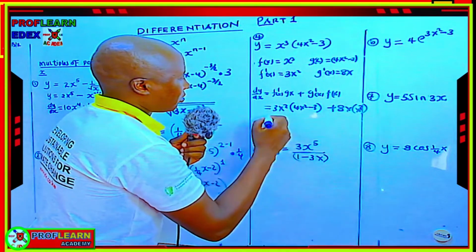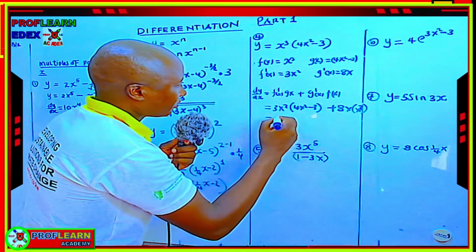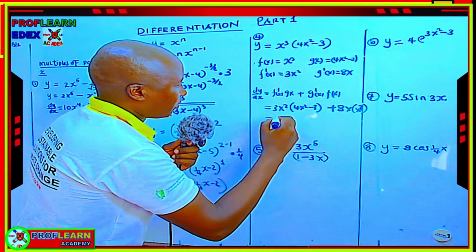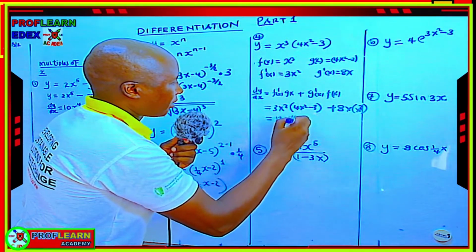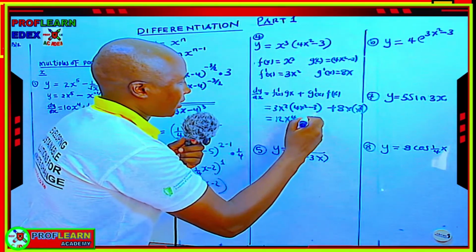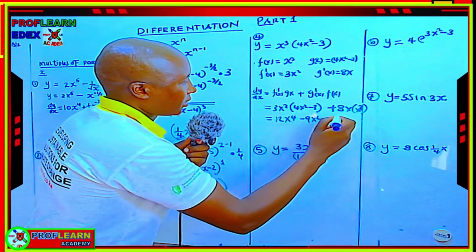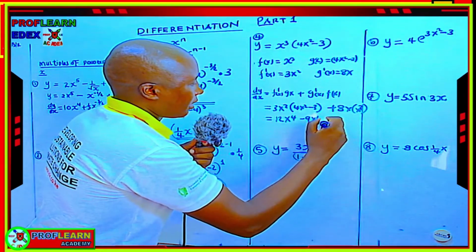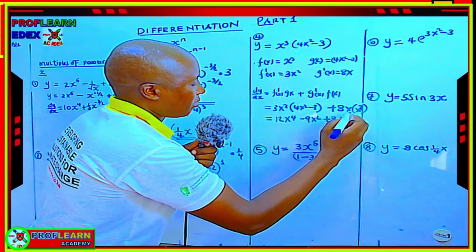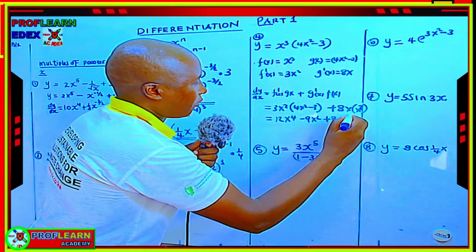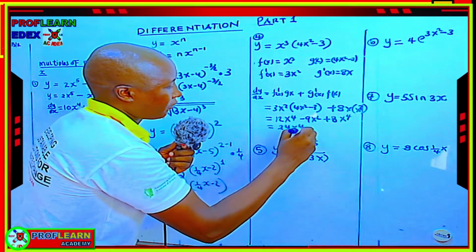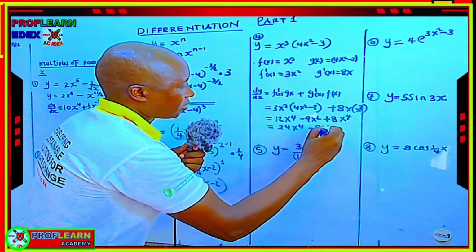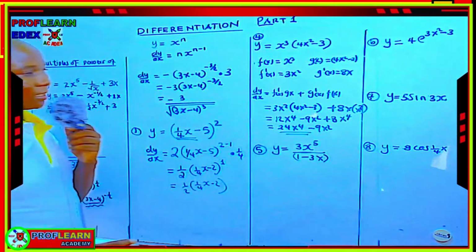And then this is going to be equal to, you can multiply here, we are going to get 12x power 4. This will be minus 9x squared. This time this is going to be plus 8x power 4, right? So this is going to translate to 24x power 4 minus 9x squared as the answer to that.